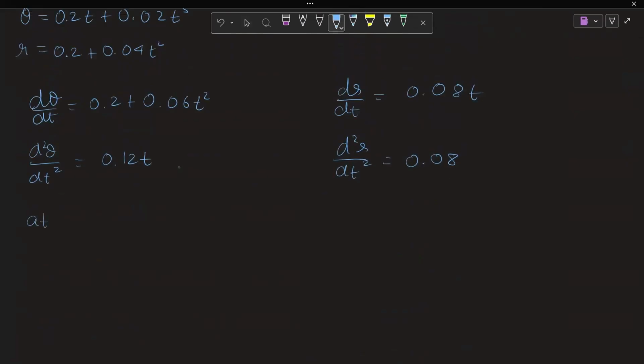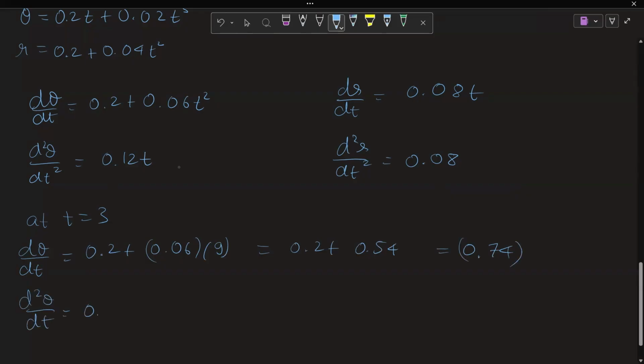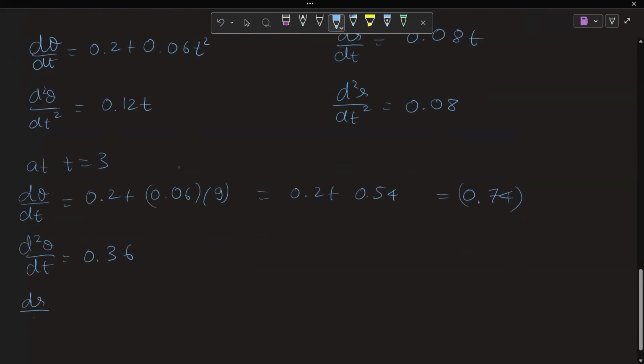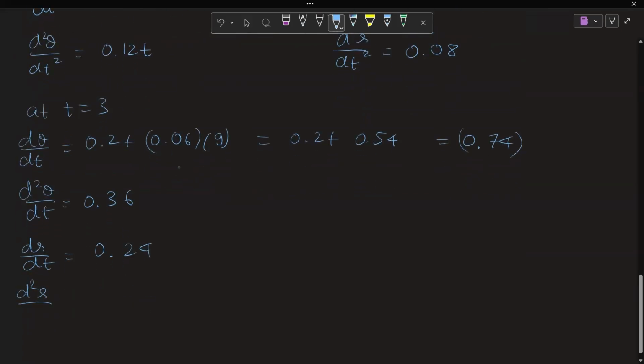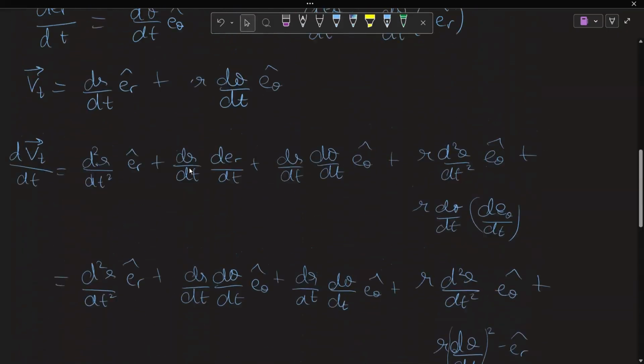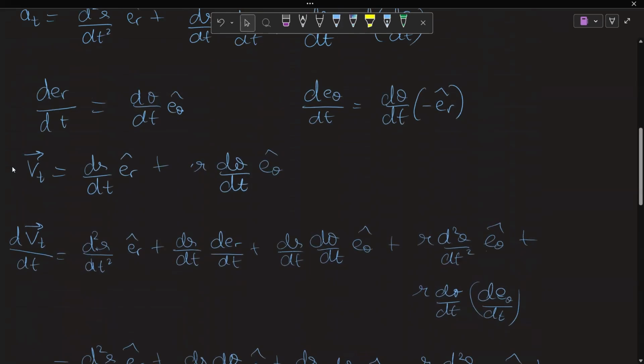So at t equal to 3, d theta by dt is 0.2 plus 0.06 into 9, so basically 0.2 plus 0.54, which is 0.74, and d2 theta by dt square we get 0.36. dr by dt is 0.24, and d2r by dt square is 0.08.